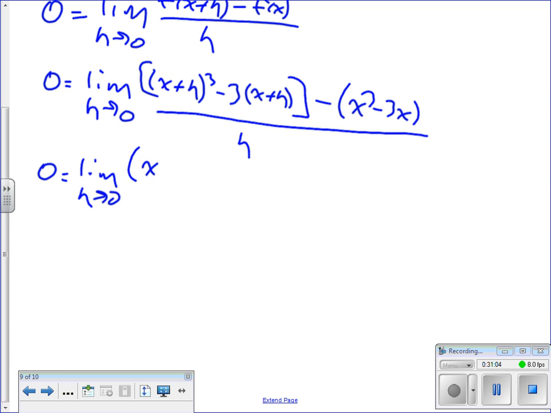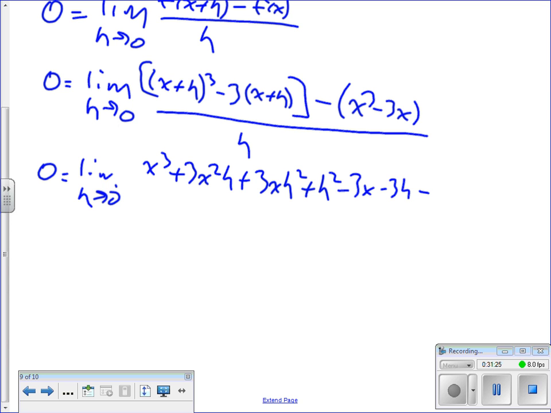X cubed plus 3x squared h plus 3x h squared plus h cubed minus, and actually I'm going to go ahead and get rid of this front parentheses here. Minus 3x minus 3h minus x cubed plus 3x all over h.